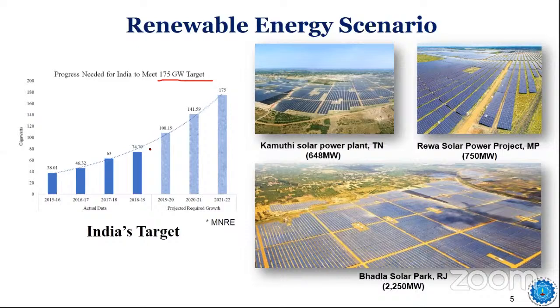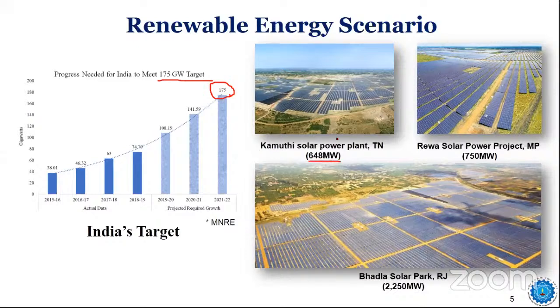So we are slowly progressing towards our target to reach 175 gigawatt during 2021-22. And we are reaching that by developing a large number of solar power plants and wind power generation sources. To show you some examples, we have a 648 megawatt power plant in Tamil Nadu.